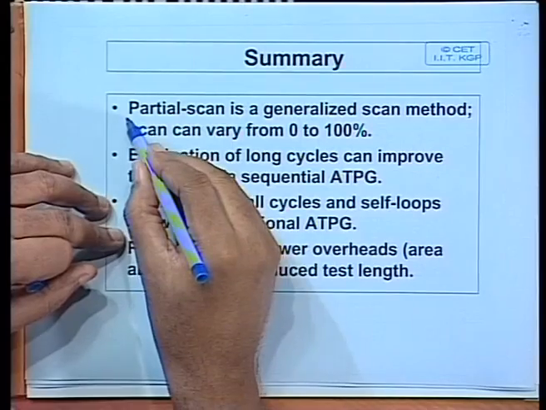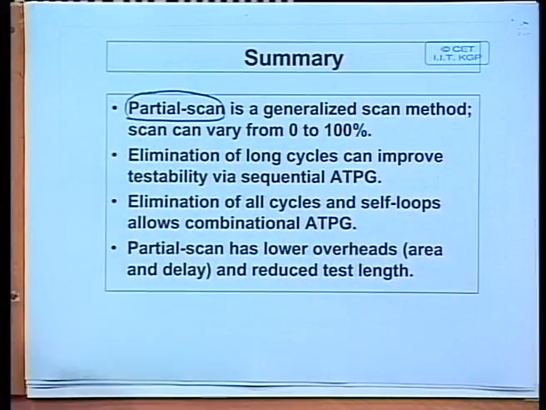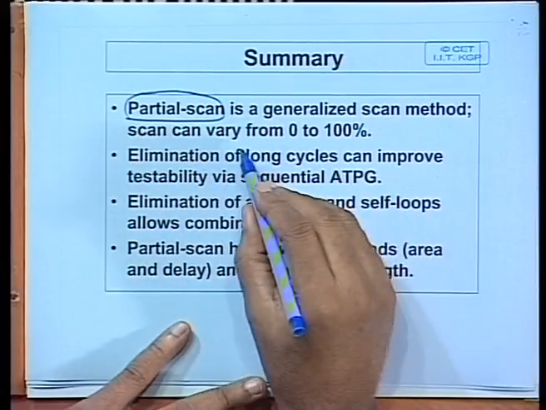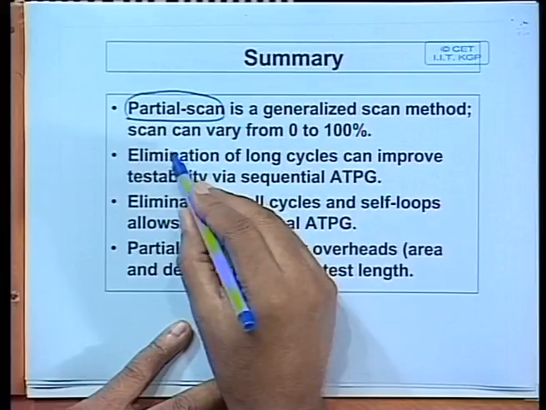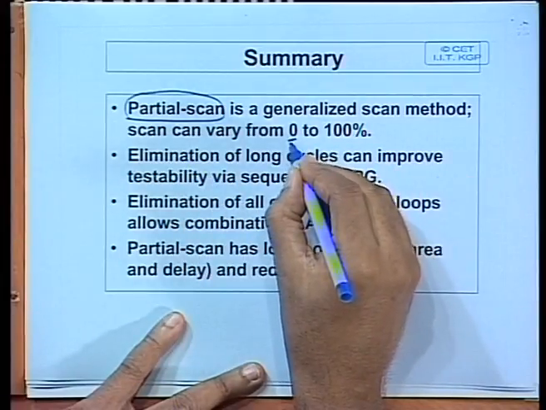Shall I chain them into scan flip flops? Well, the registers need not be put as part of scan chains. So, this is the flexibility which the partial scan method works with, where you can select which are the flip flops you need to be included as part of the scan chain.